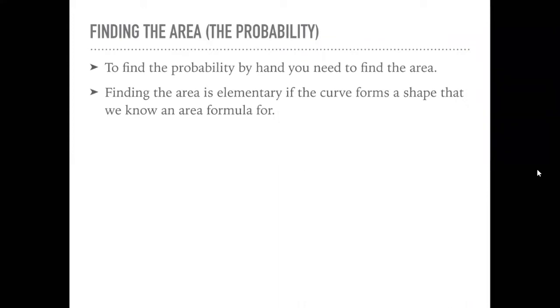And when I'm saying readily know the formula for, I'm talking about elementary school, middle school, junior high, high school, where you learned in geometry class formulas for finding area of certain shapes. So you're thinking like circle, triangle, square, trapezoid, parallelogram, rectangle.